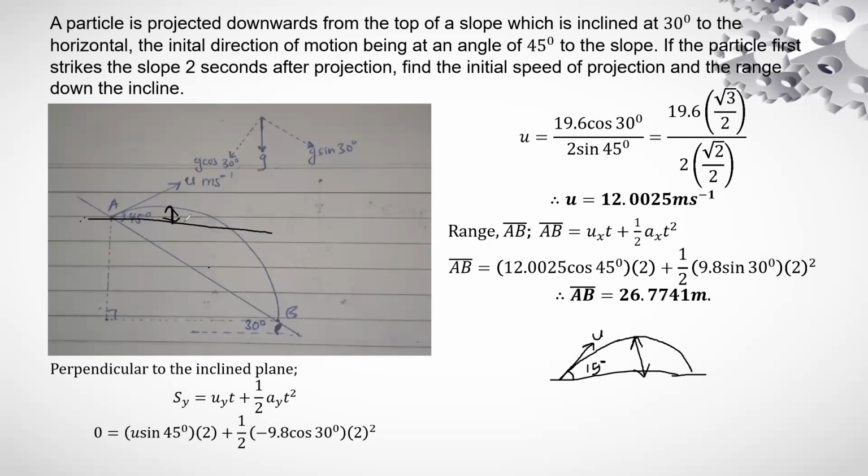That would be your maximum height. And remember, since this is 30 degrees, then also this is 30 degrees, because of the alternate angles. That is also 30 degrees. And that leaves you up here with what? 15 degrees. And that is our sketch right here.